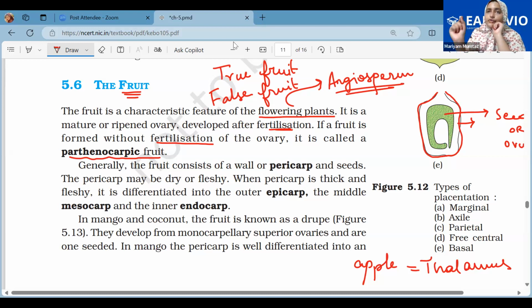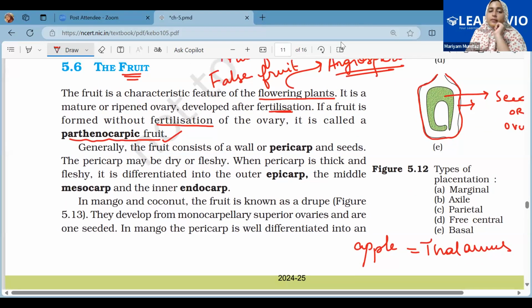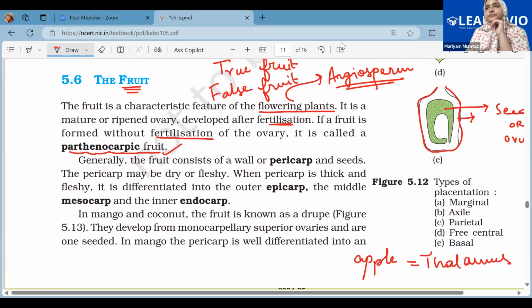True fruits are all those that develop from the ovary. Fruits that develop without any fertilization are known as parthenocarpic fruits. One example is banana, which can be made without fertilization by spraying hormones. Now, generally, talking about the fruit walls.